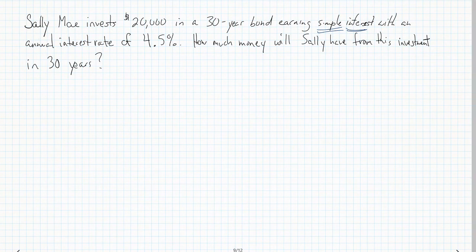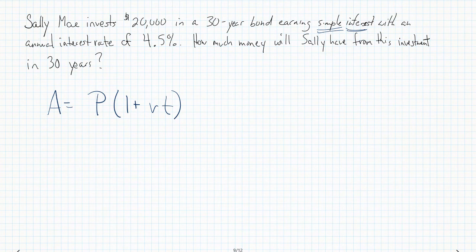So when we do this, if you recall, A is our final amount, and we had A equals P times 1 plus R times T. That's essentially what we did to figure out our simple investment. So this is the simple interest formula.